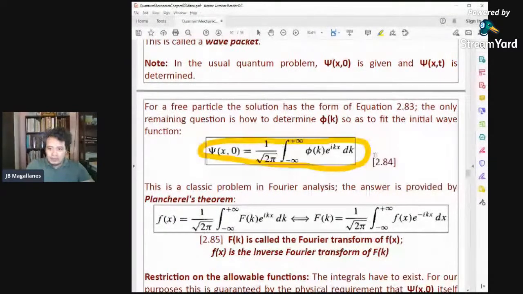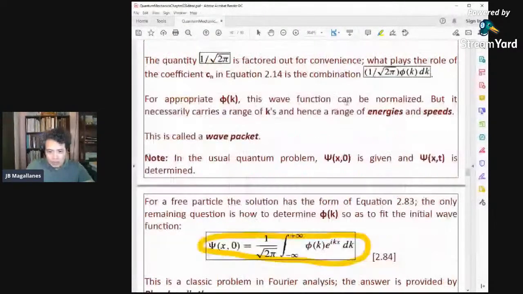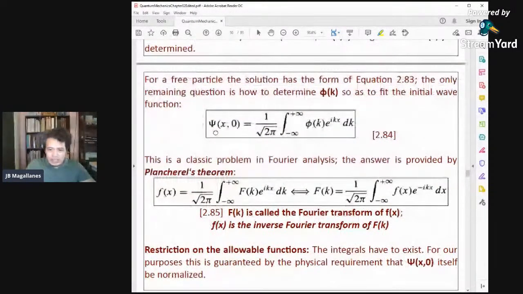If you compare it with this, t is just 0, so it will just look like this. So that's still 1 over 2 pi, the integral from negative infinity to positive infinity of phi k e to the ikx. This one is just a Fourier transformation.